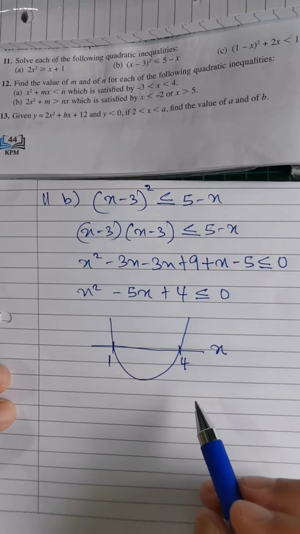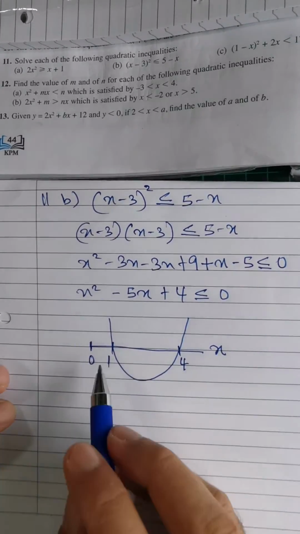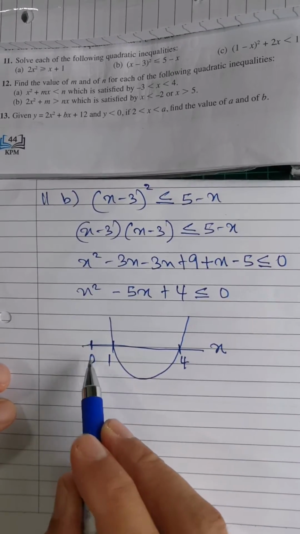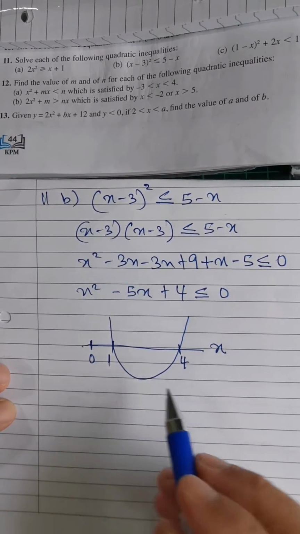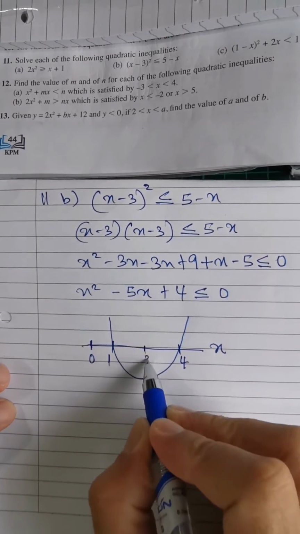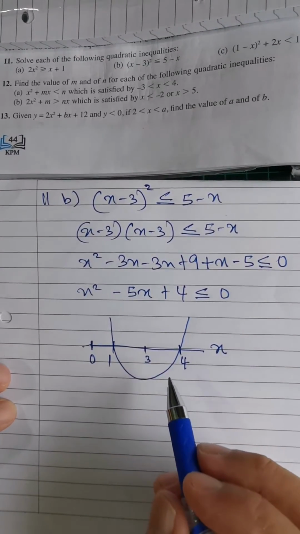Okay, the easiest value is 0. Okay, 0 will be here. Okay, how do I know 0 here? So because 1 and 4, so 0 will be on the left of 1. Okay, at the same time we can try also, for example, 3.